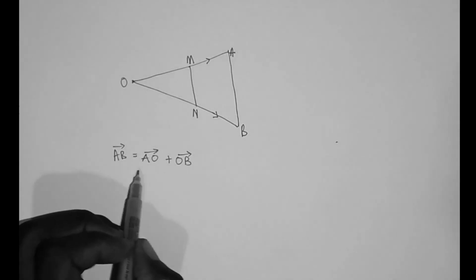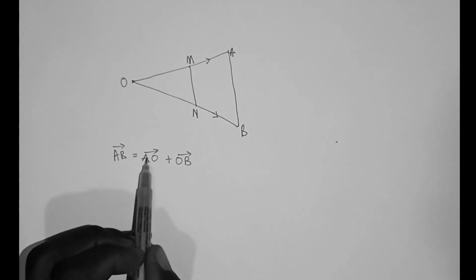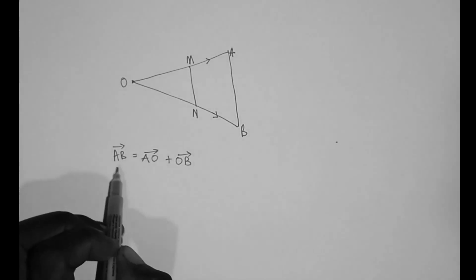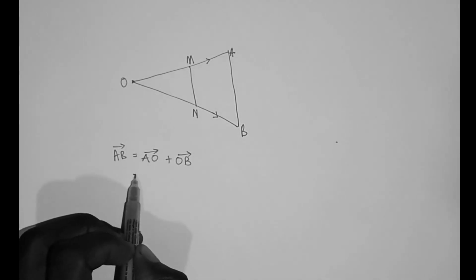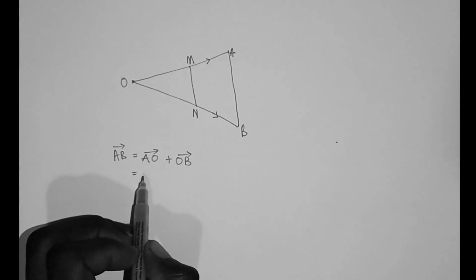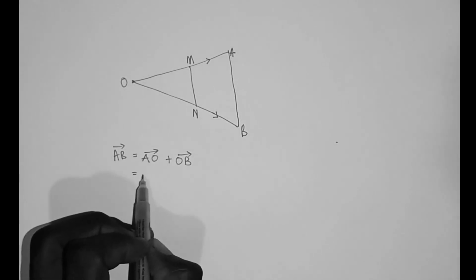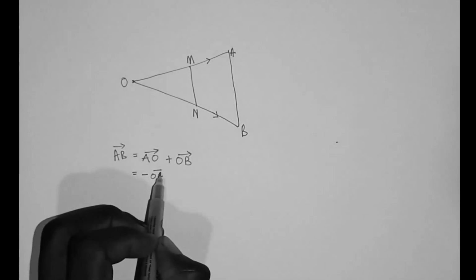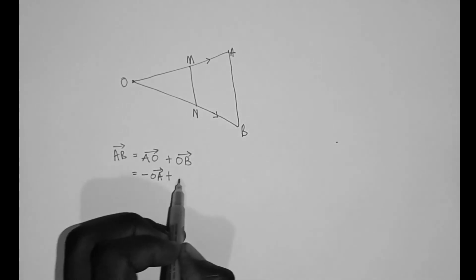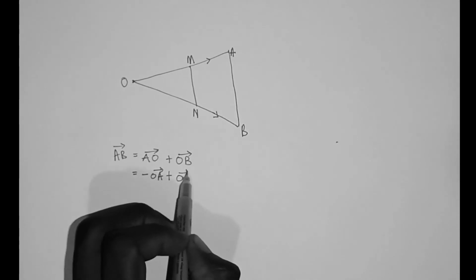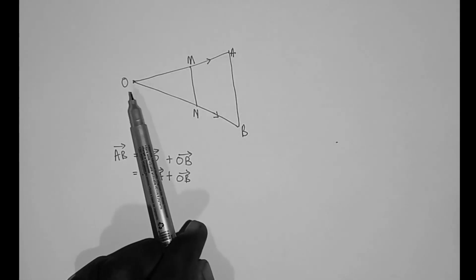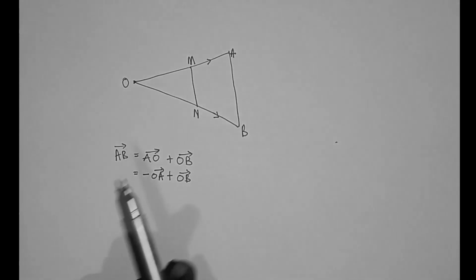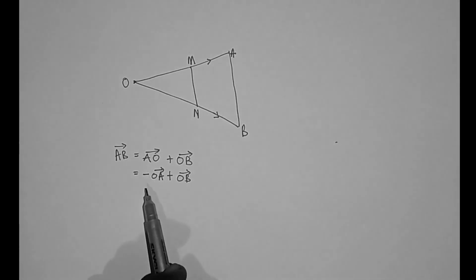And therefore, to be able to find AO, we need to negate OA. So therefore, this is equal to minus vector OA plus OB, because the direction of AO is opposite to the direction of OA, and that's how come this becomes minus.